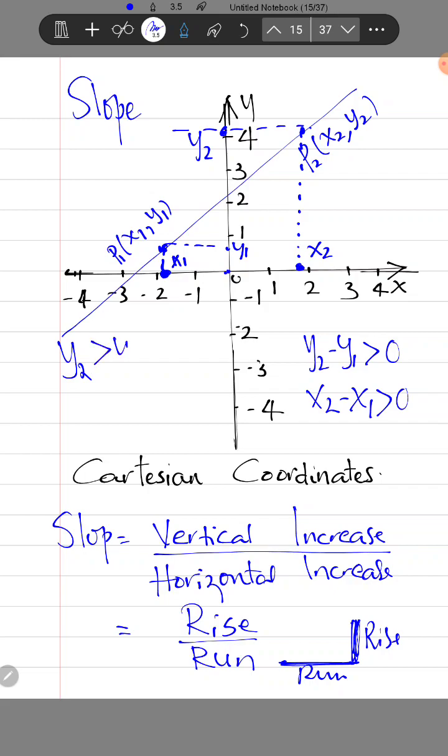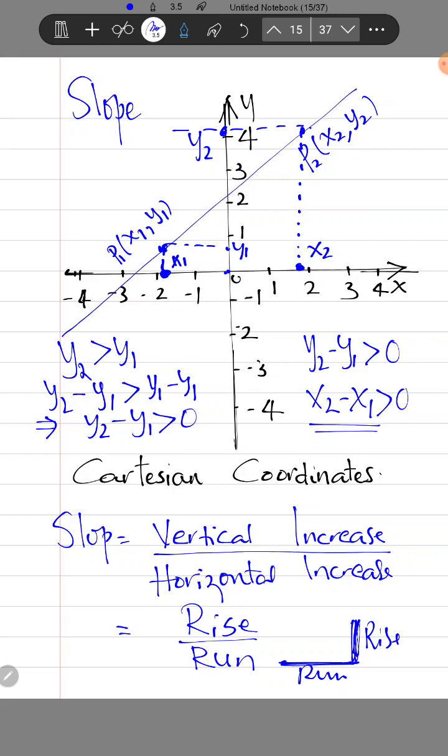So you just take away y1 from both sides: y2 minus y1 is greater than y1 minus y1, which implies y2 minus y1 is greater than 0. The same for x2 minus x1, which is greater than 0.